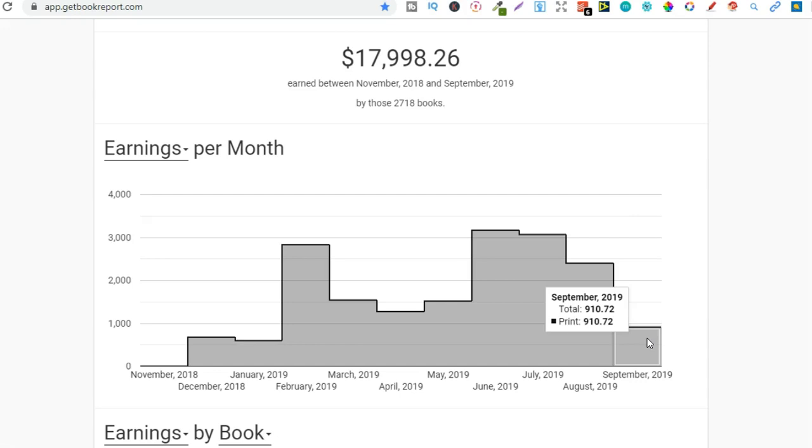Now, the slow sales do not bother me, because I believe this is the calm before the storm, just before quarter 4, because quarter 4's only a few weeks away now, and Christmas is just round the corner, so there's going to be a lot of sales coming in very, very soon.